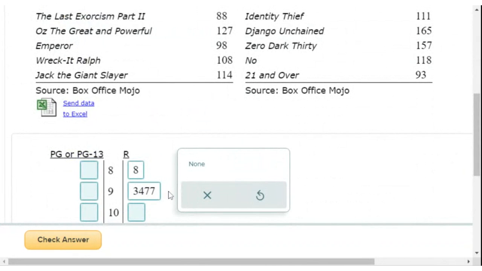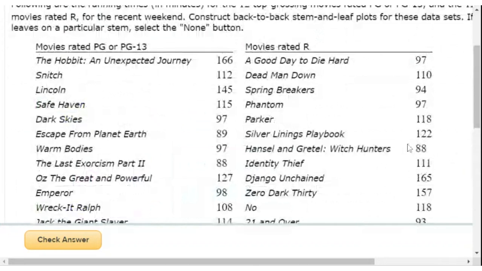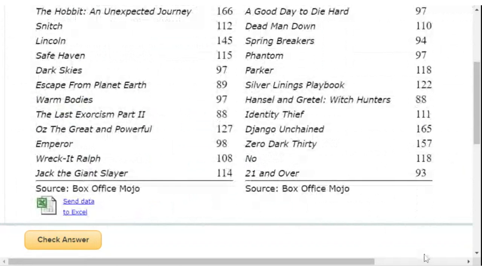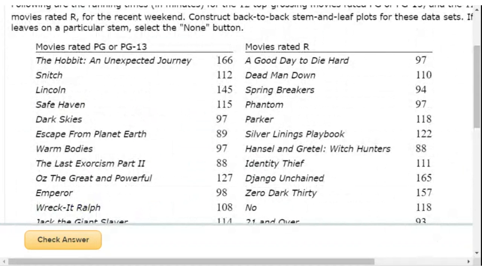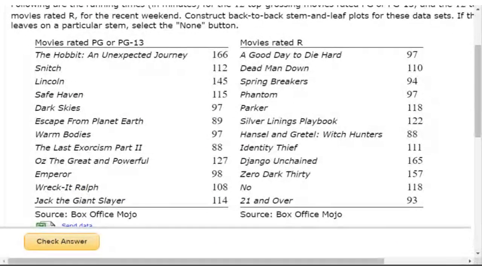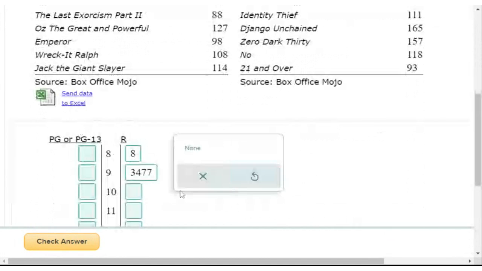So anything that begins with a 10, and I don't believe there's anything that begins there with a 10. Do you see anything? No. So what we're going to do is use the none button.